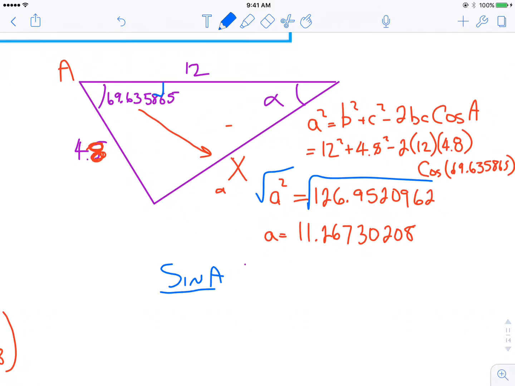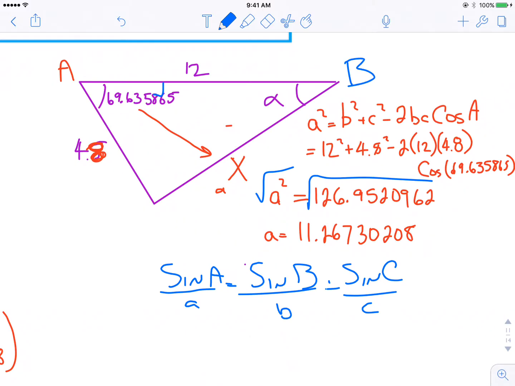Sine A over A is equal to sine B over B is equal to sine C over C. Now I actually have to label A and B. Let's call this B then, just for simplicity.